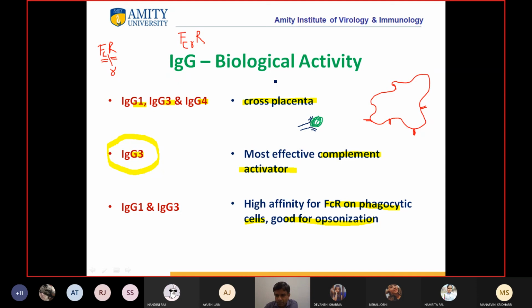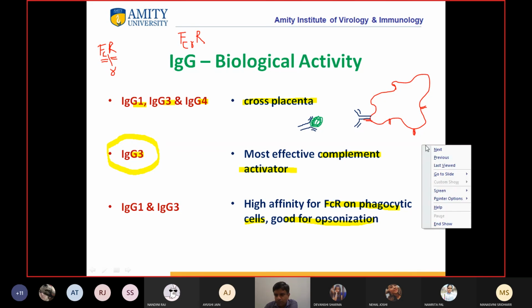So these are the receptors, right? These are the receptors for FC region. So the antibody binds to the receptor through this FC region.